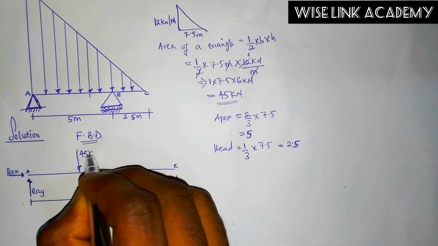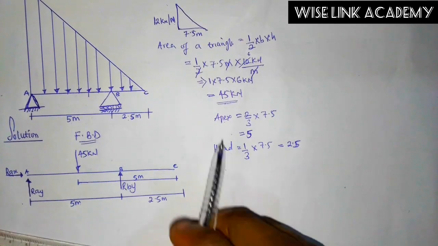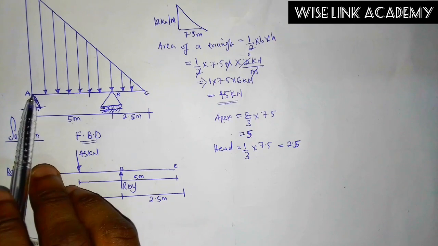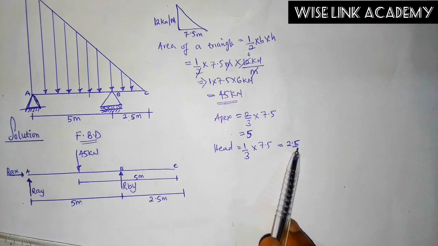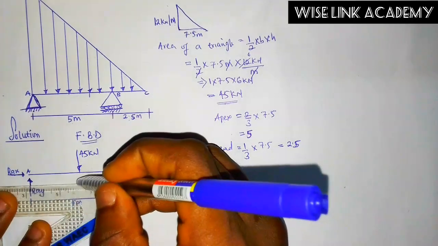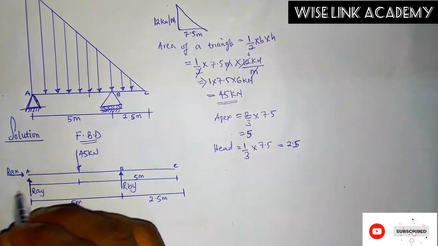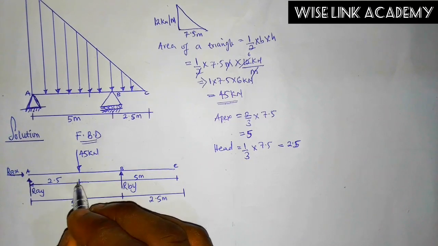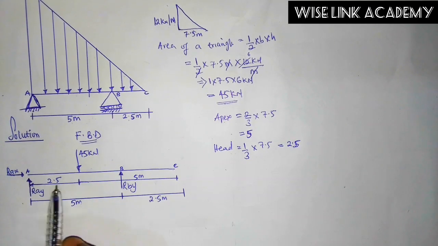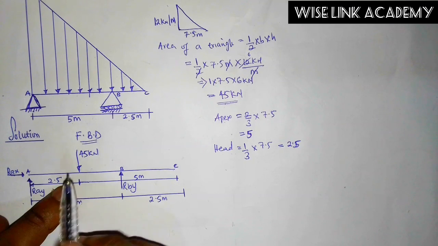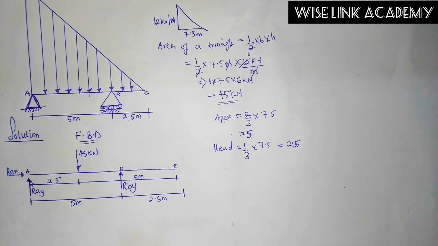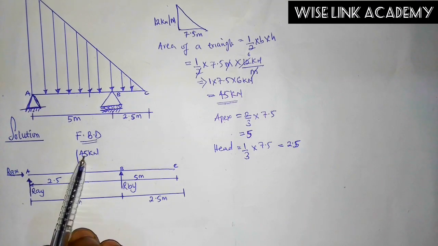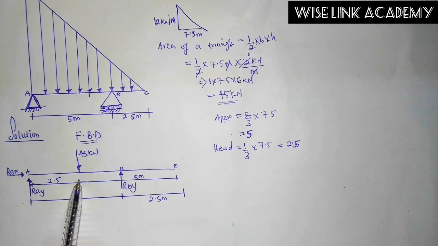And from the head, if I want to take my reading from this place, I'll measure 2.5, from here to here. It's just for us to locate where this 45 will be. From this place to this place is 5 meters, and that 45 will stand on that point where it ends.